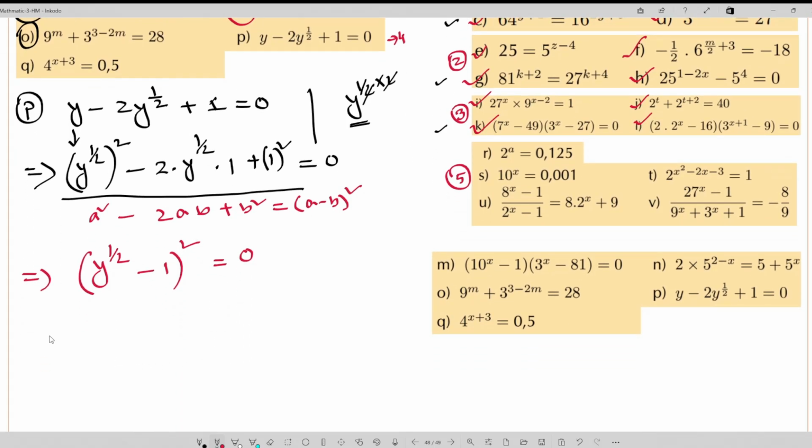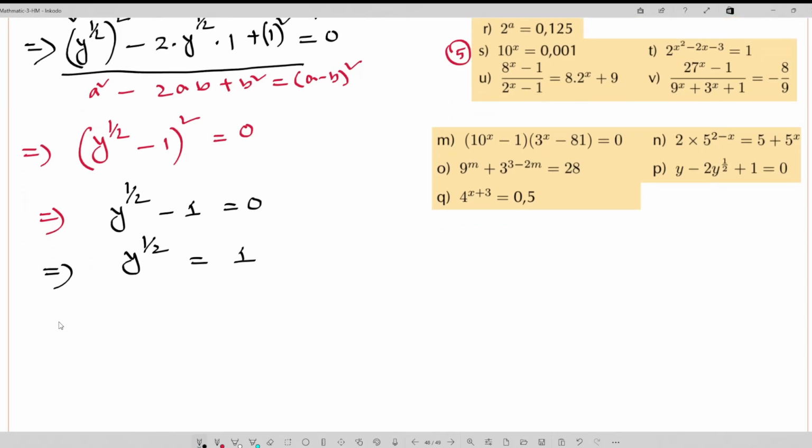Now we square root both sides, so y to the power 1 by 2 minus 1 equals 0. Then we can write y to the power 1 by 2 equals 1.